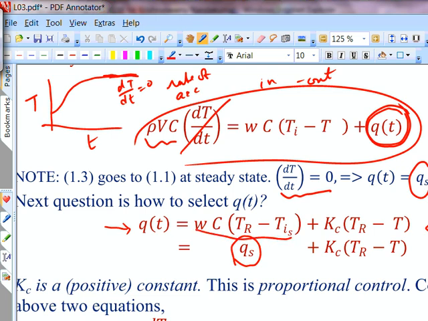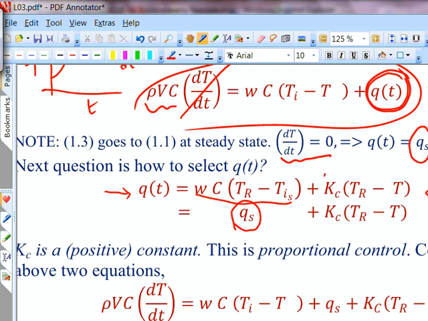So what I'm saying is that the amount of heat that you have to put in is going to be what is required under steady state conditions, plus a correction that depends on what? It's going to vary with time, obviously. But what is the meaning of this term?